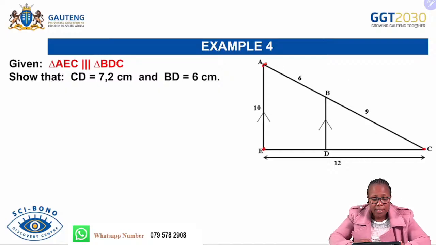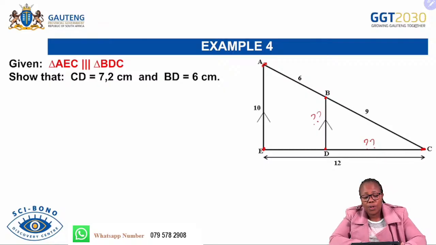AEC is similar to triangle BDC. Okay, and then now show that CD is 7,2 centimeters. And then we are also showing BD is equal to 6 centimeters, grade 12.